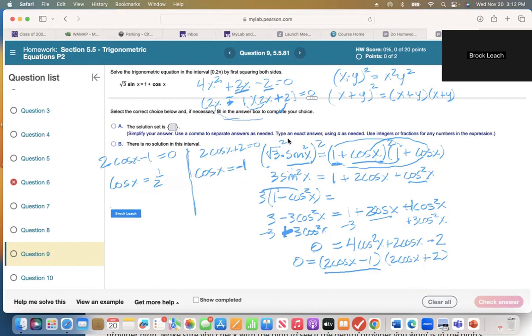So doing the arc cosine, we report positives in the first quadrant. Cosine is equal to 1/2 at 60 degrees, so pi over 3. But then we need to also do the other one. Let's not make the same mistake I made on the last one.